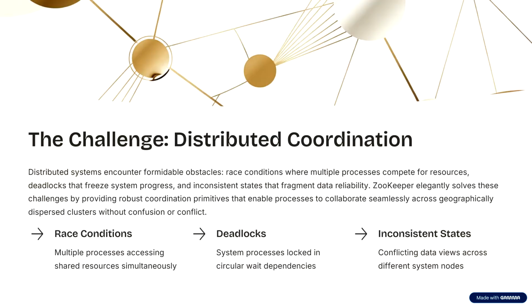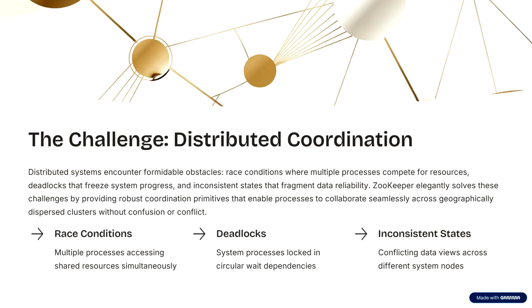The challenges of distributed coordination. In a distributed system, multiple processes often run at the same time. This creates problems. First, race conditions, where two or more processes try to access shared data simultaneously. Second is deadlocks, where processes wait endlessly for each other's resources.